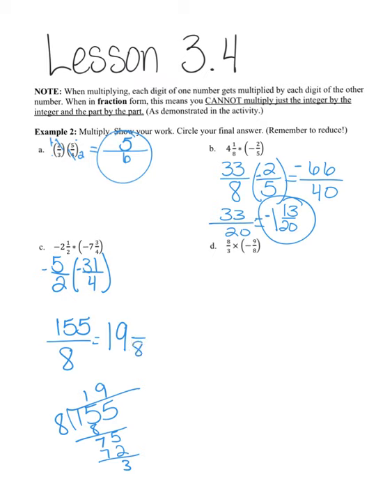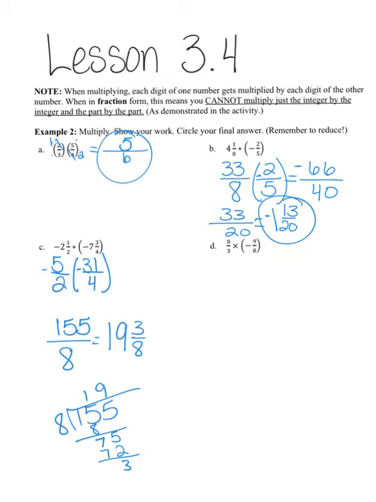My denominator is 8, and my numerator is 3. So my final answer here is 19 and 3/8, and that is a positive 19 and 3/8.